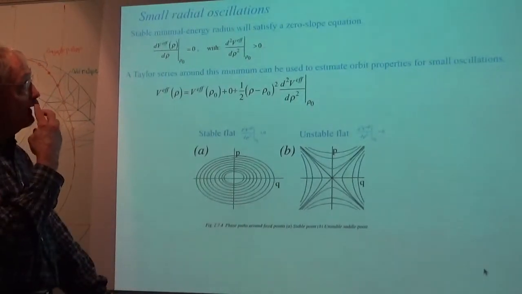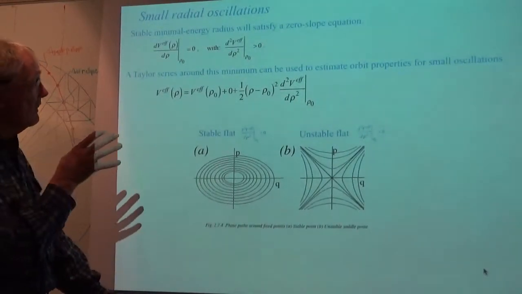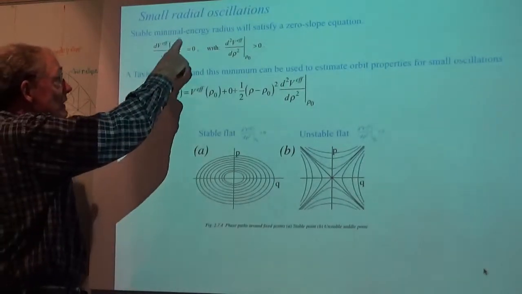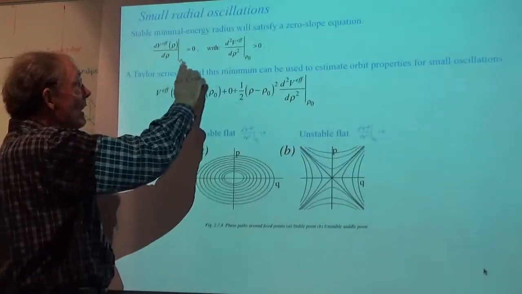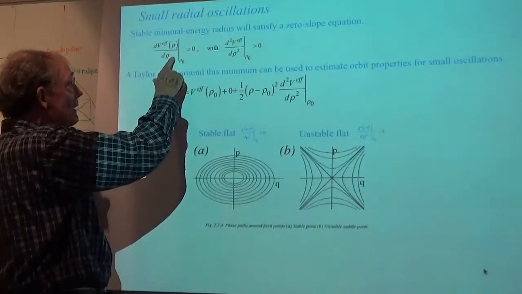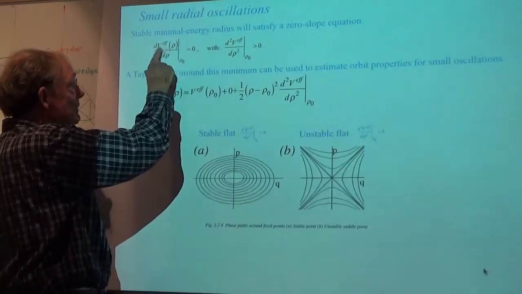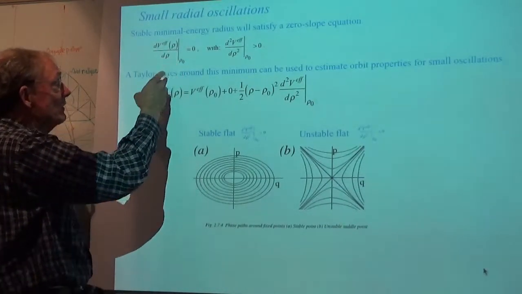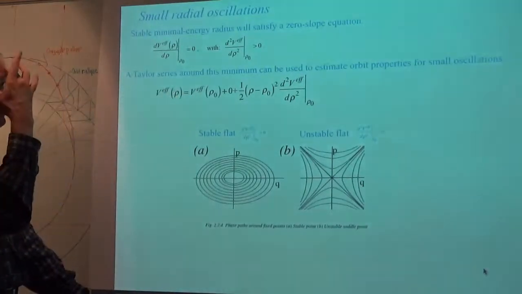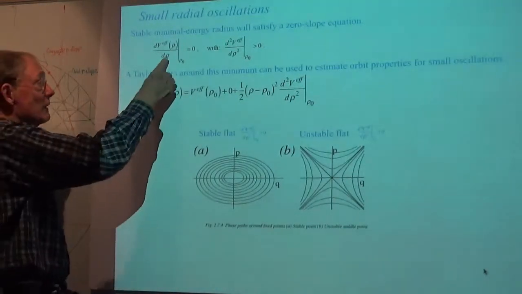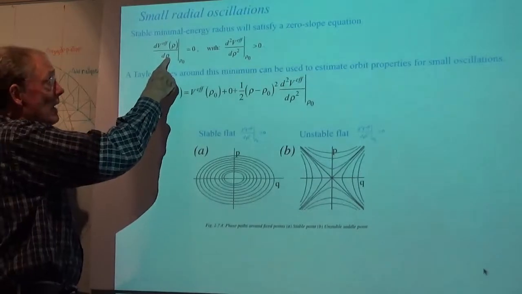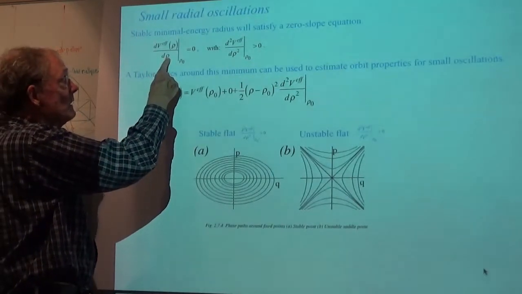And the idea is to find a region or regions where the derivative of the effective potential, that is the dynamic part plus whatever other forces we have that are described by potential, is zero.